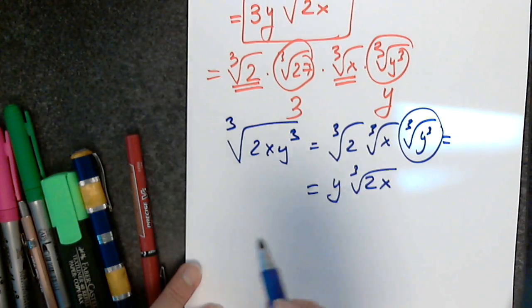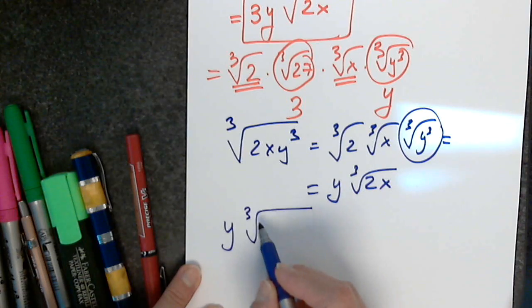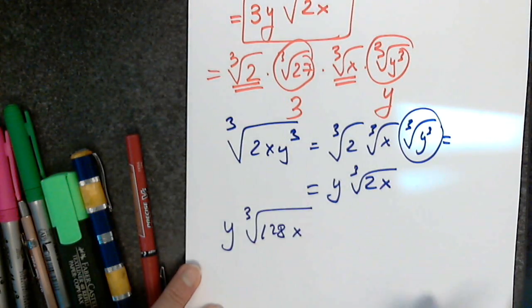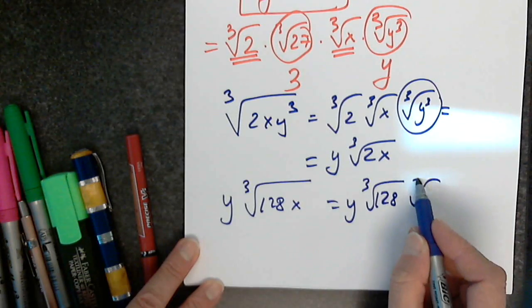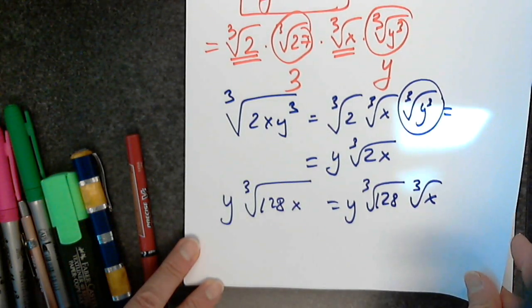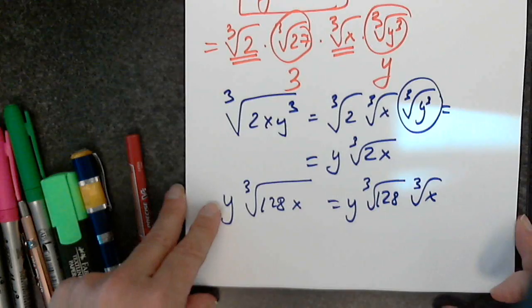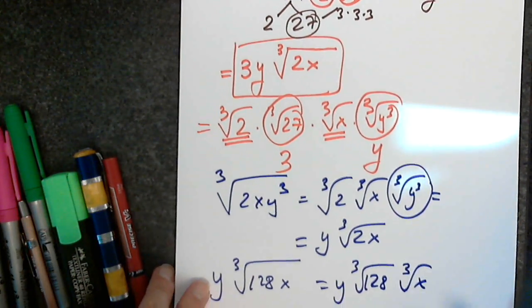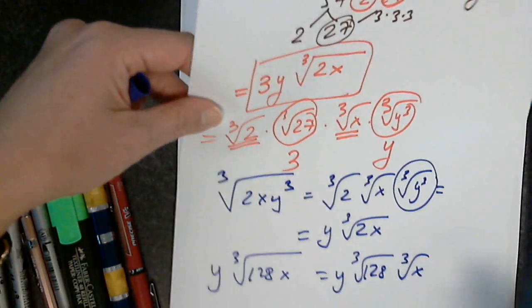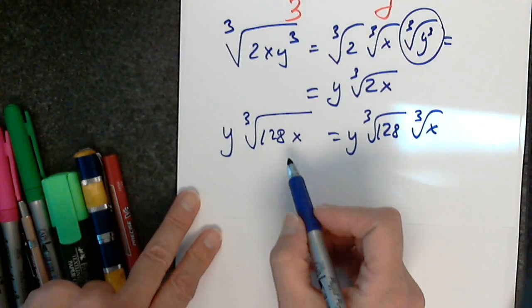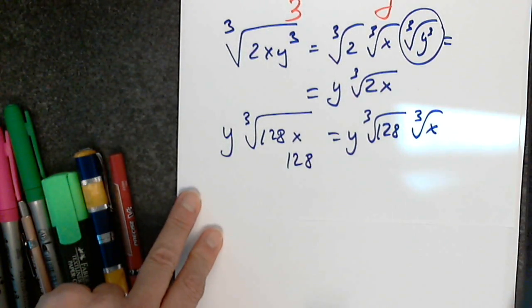Okay, now the third one is y and the cube root of 128 times x. So this will be y, the cube root of 128, and the cube root of x. Like before with 54, I don't know what 128 is. 128, it's an even number.